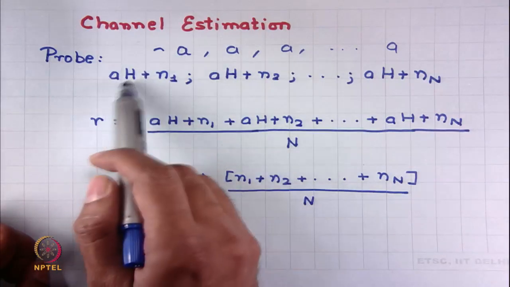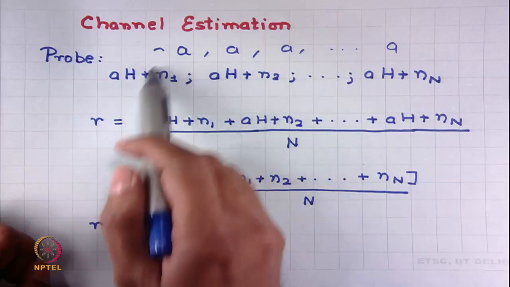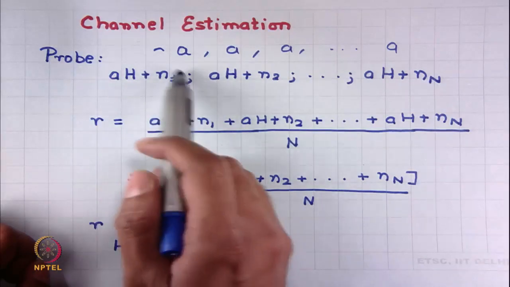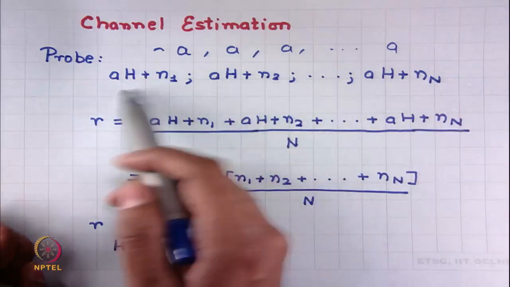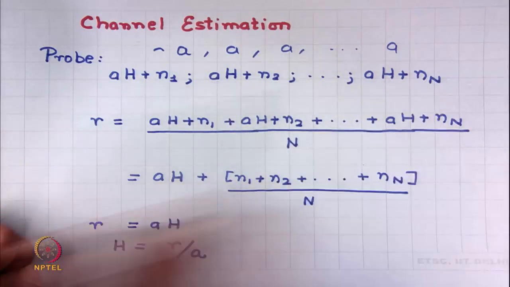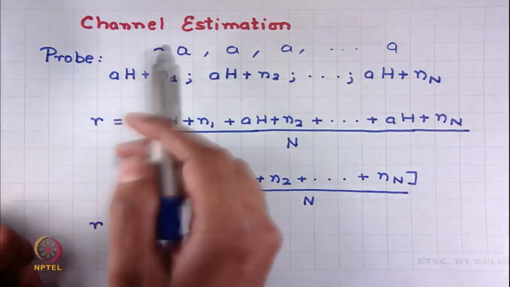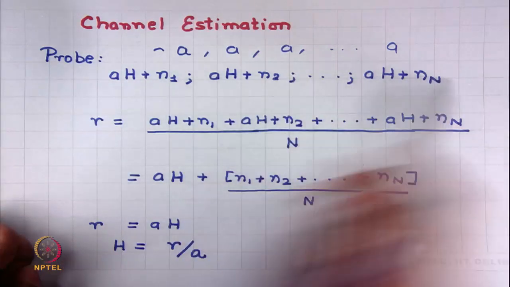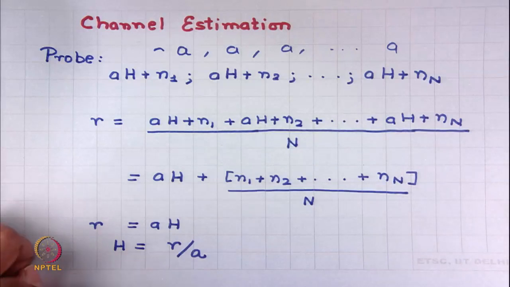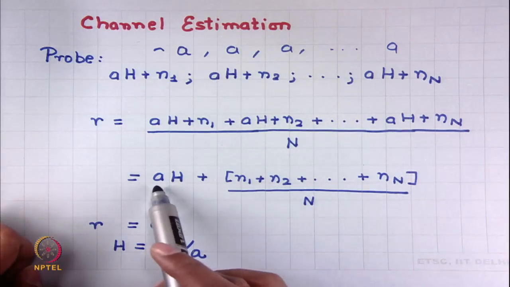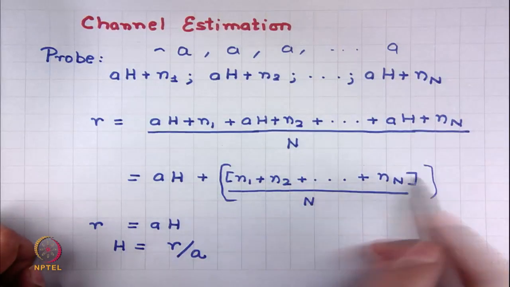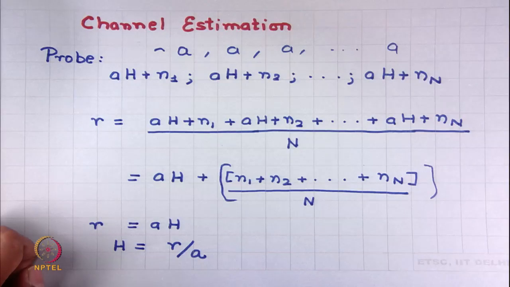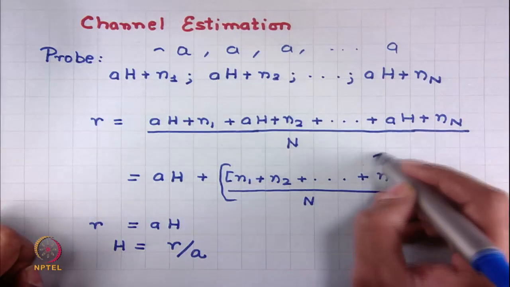So, this A is multiplied by this h, plus some noise, and we call the sample of that noise n1, and similarly it receives n such values. What the receiver can do is simply take the sum of these n values and divide by n. So, what it would get is Ah plus the mean value of noise, and the mean value of noise is 0.